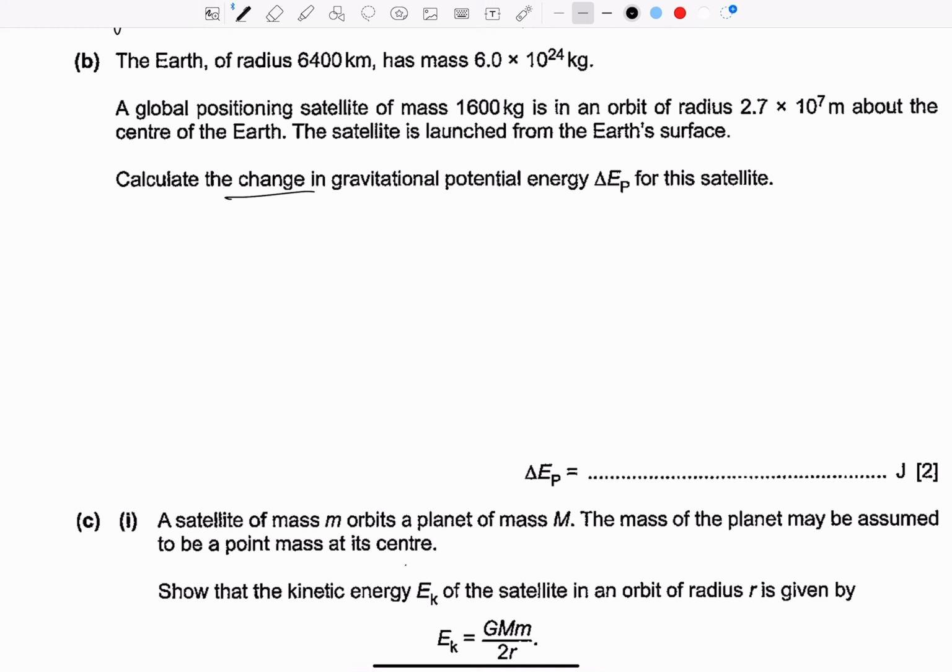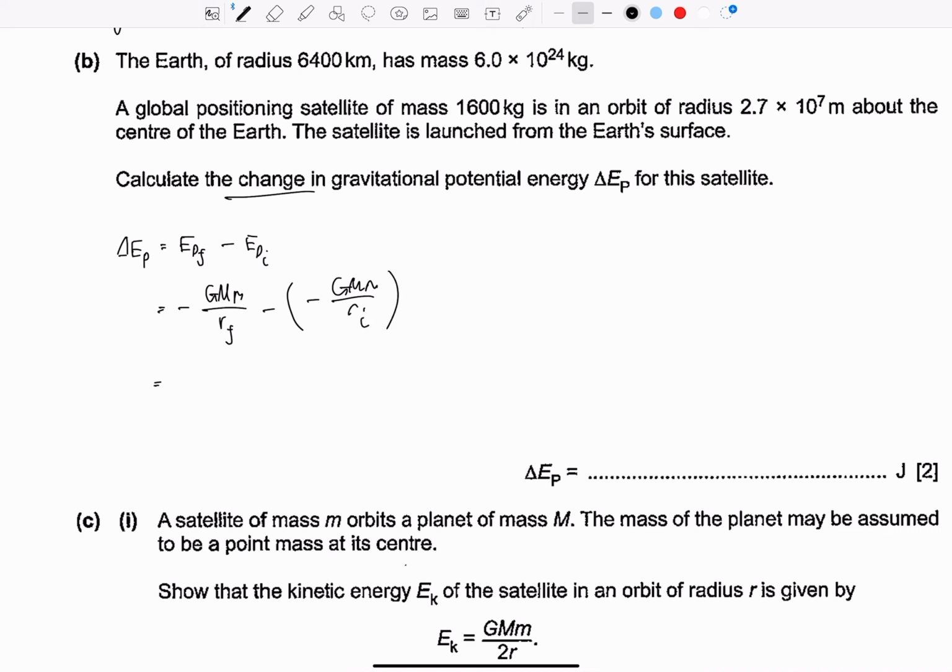Change in potential energy is potential energy final minus potential energy initial. And the formula for gravitational potential energy is negative GMm over r. So negative GMm over r final minus negative GMm over r initial.